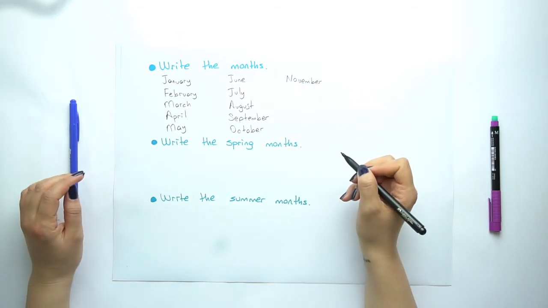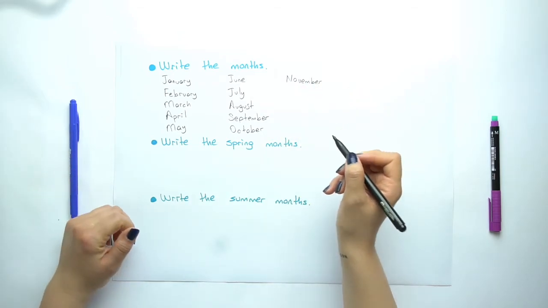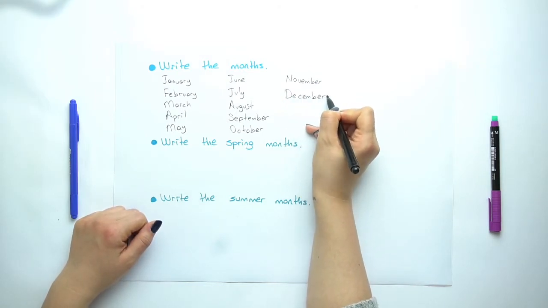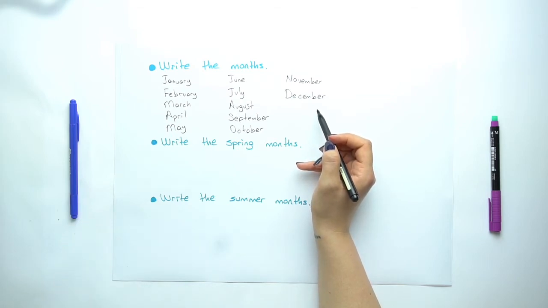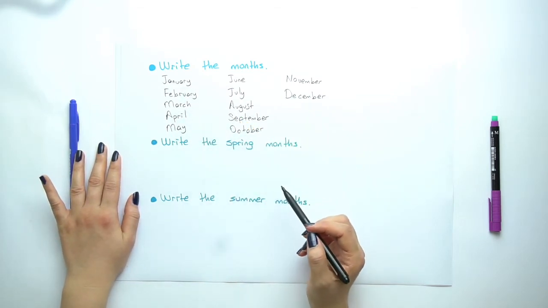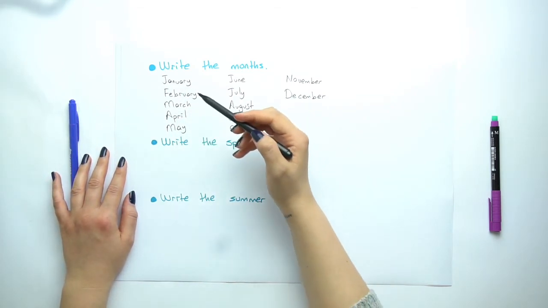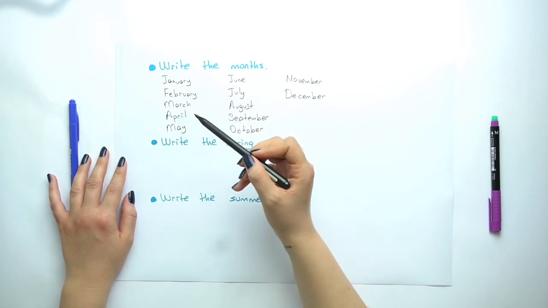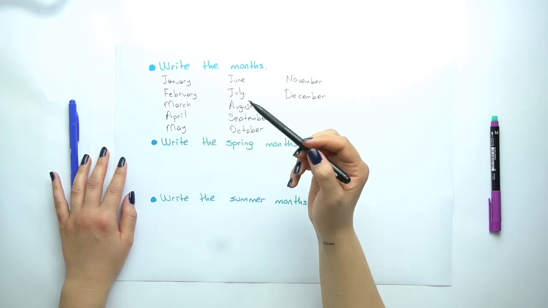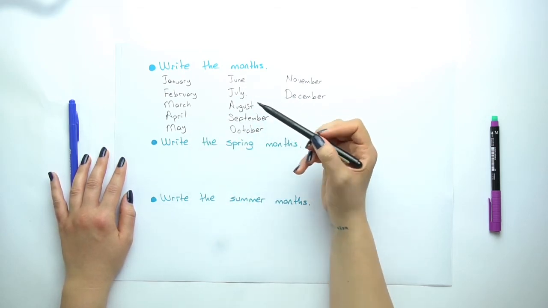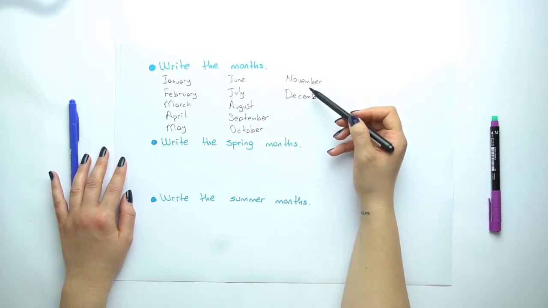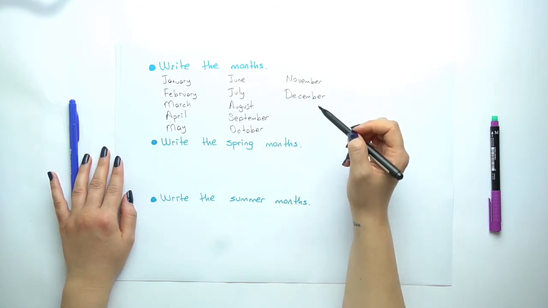And what comes after November? We have December. December is the last month of the year. And January, it is the first month of the year. Now we have January, February, March, April, May, June, July, August, September, October, November, and December.